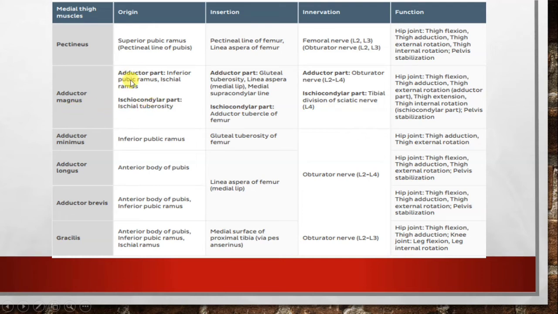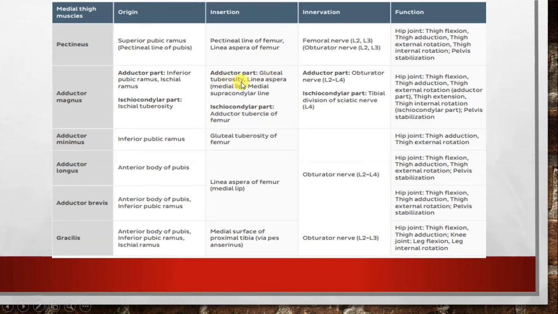Adductor magnus has two parts, the adductor part and the ischiocondylar part. The adductor part arises from the inferior pubic ramus and ischial ramus, while the ischiocondylar part arises from the ischial tuberosity. So the adductor magnus has two attachments since it has two heads.